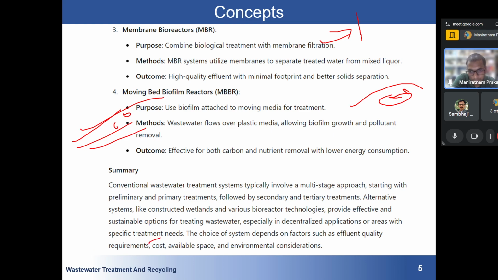This is the most important factor to select the treatment plant. We are producing a huge amount of wastewater.